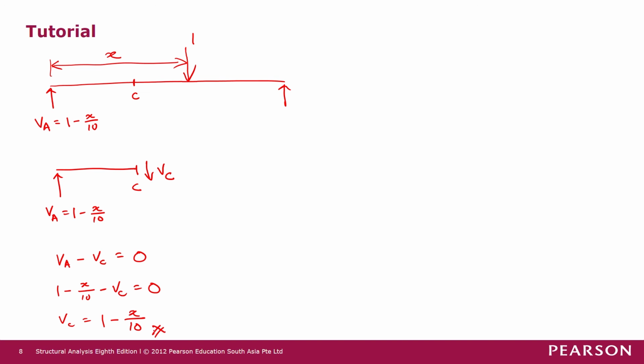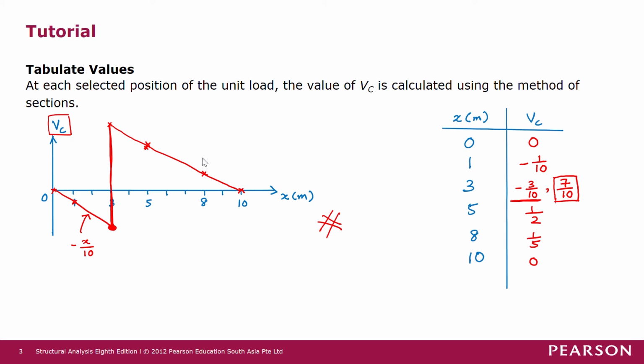So this is another equation for when x is more than 3 meter and less than 10 meters. The equation we have just written is the function of this line here, which equals 1 minus x over 10.